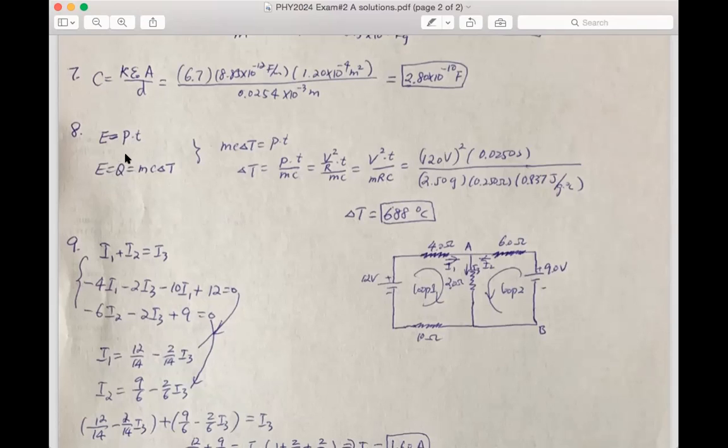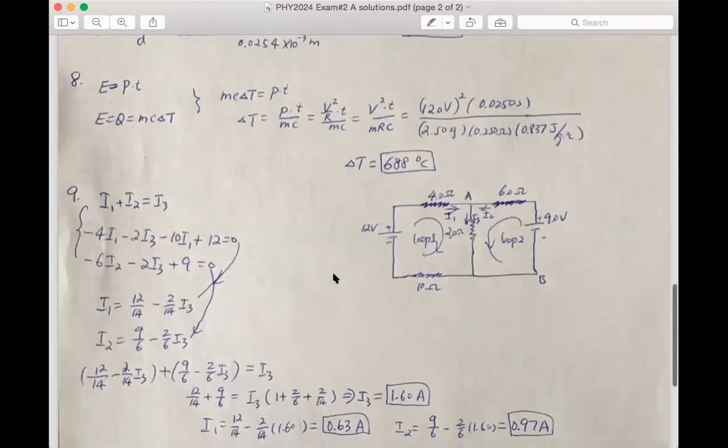The energy received by the material is equal to that energy. That causes the temperature rise according to the specific heat definition, Q equals mc delta T. You're looking for delta T here. So you set P times t equal to mc delta T, then you solve for delta T.